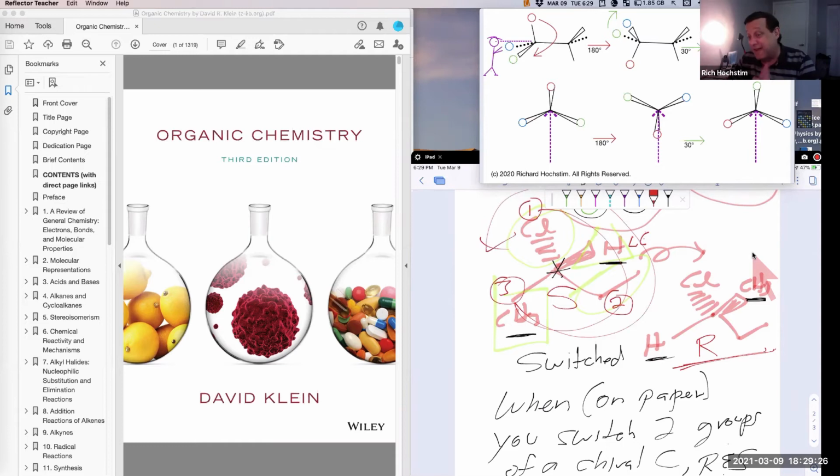It doesn't matter what's S, it doesn't matter what's R. What matters is this works. And you can use it in huge ways. You can have a test that has 8 different molecules, and using this skill, you can do one of them and know all of them. That's what this is good for.